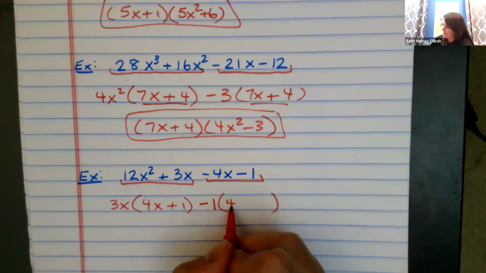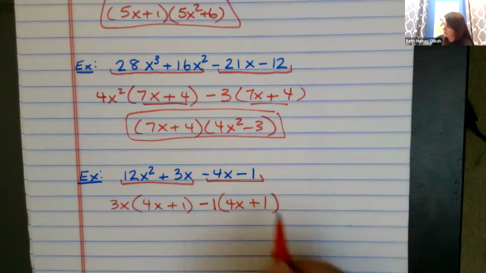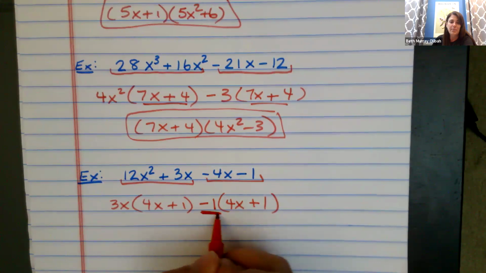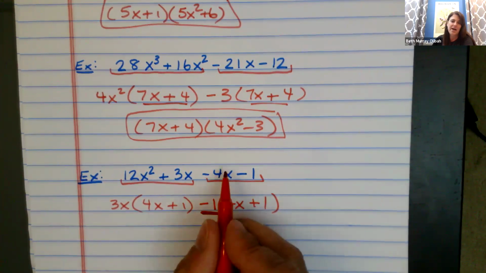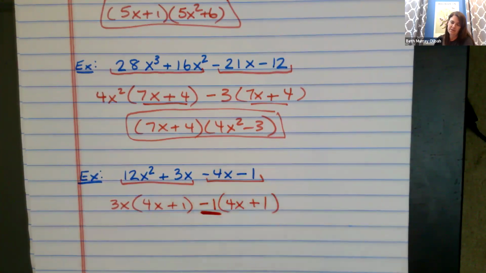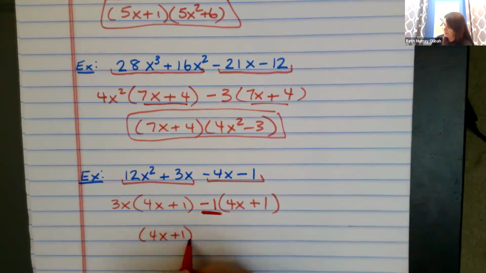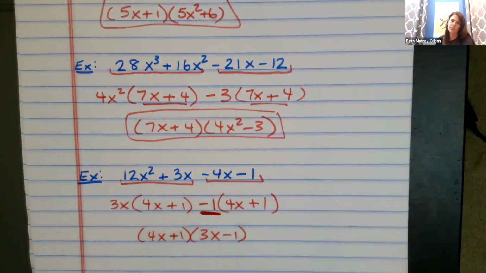So that would become positive 4x plus 1, which is what I want. So again, if there's nothing that you can take out, always put at least a plus 1 out here. But in this case, I wanted to also change the signs, so I put a minus 1. Final answer, 4x plus 1, 3x minus 1.